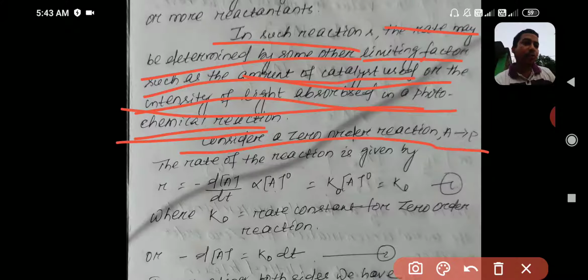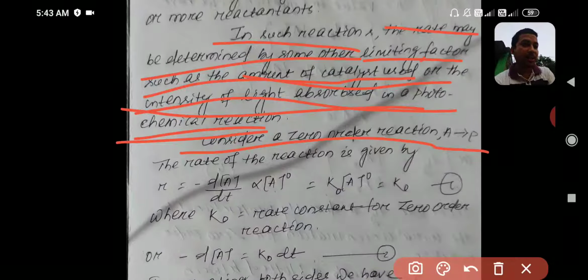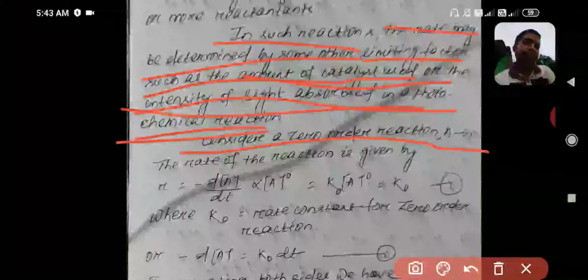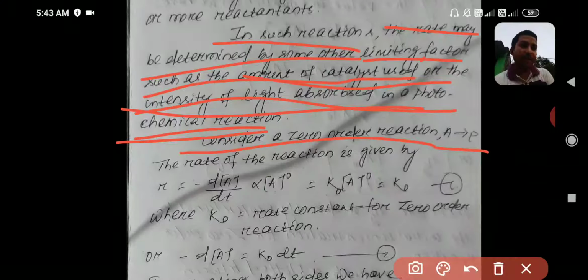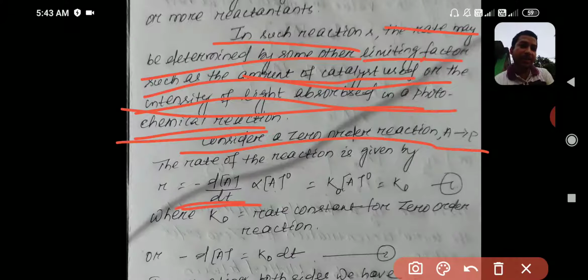Consider a zero order reaction, A gives rise to B. That means the reactant A gives rise to product P. Since the reaction is zero order, the rate will be independent of the concentration of reactant. Hence rate is equal to minus dA by dt. This is the expression for instantaneous rate of reaction, minus dA by dt, which is directly proportional to A to the power 0, the concentration of reactant to the power 0.